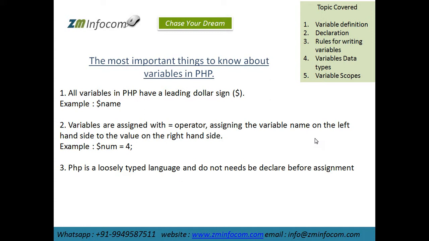So in a gist we can say that the $num is having a value of 4. This dollar sign we are using to give a name to a variable, equal to sign we are using for assigning, and 4 is the value which we are giving to $num.